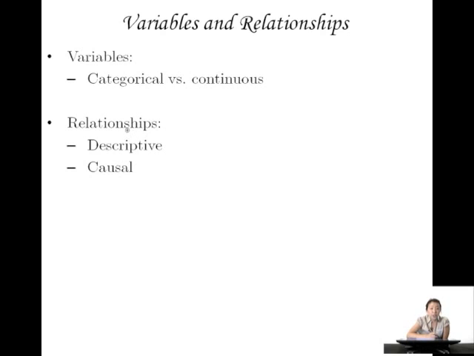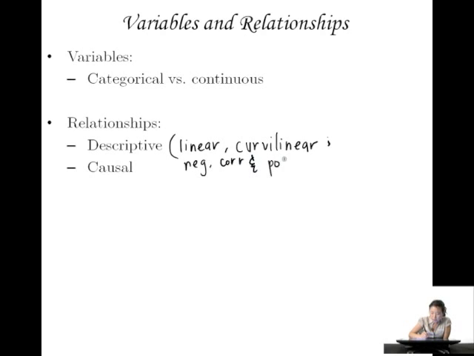In terms of relationships, there's a bunch of different relationships we've covered, but all of those relationships so far have been descriptive relationships. So we've covered relationships such as linear relationships, curvilinear, and we've also looked at relationships such as negative correlation and positive correlation.